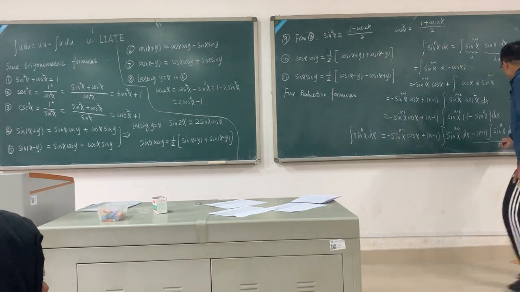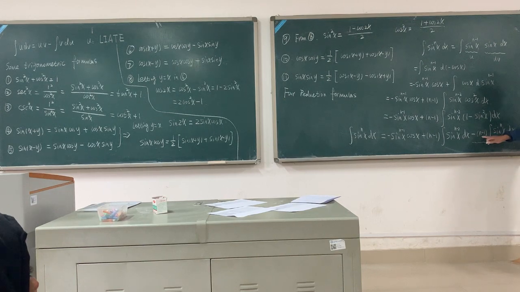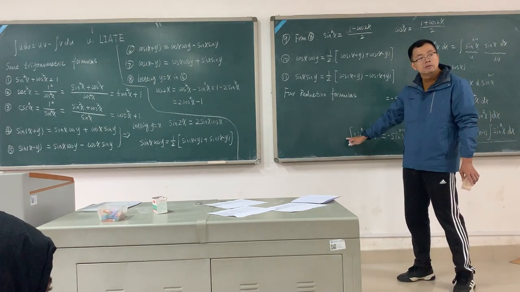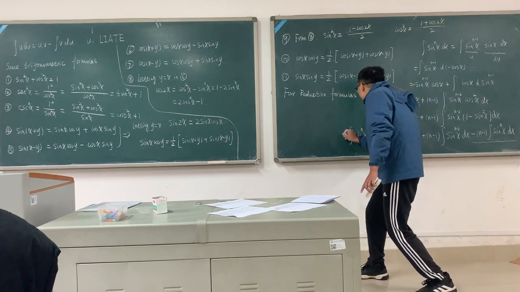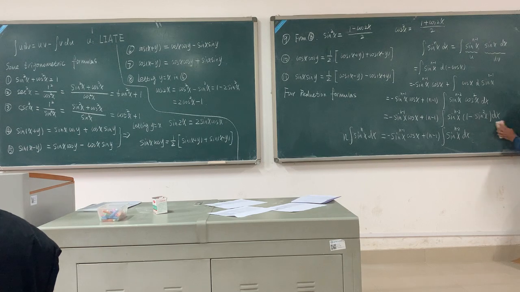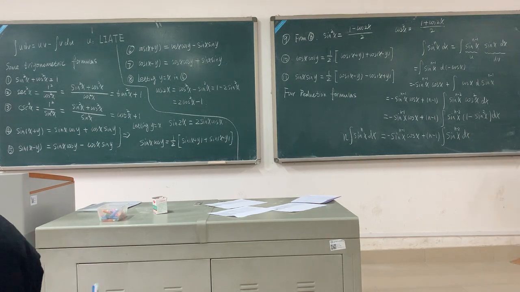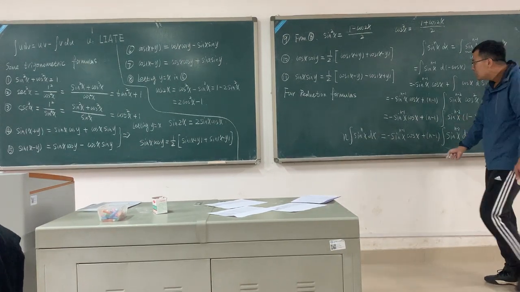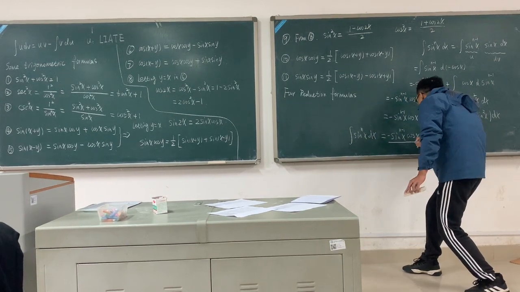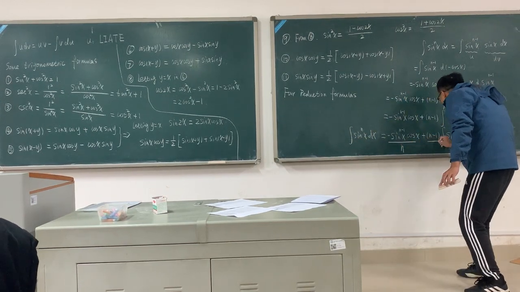The left hand side is the same: here is 1, here is n minus 1, so 1 plus n minus 1 is n. N times this part equals the right side. Now from here we divide by n on both sides.